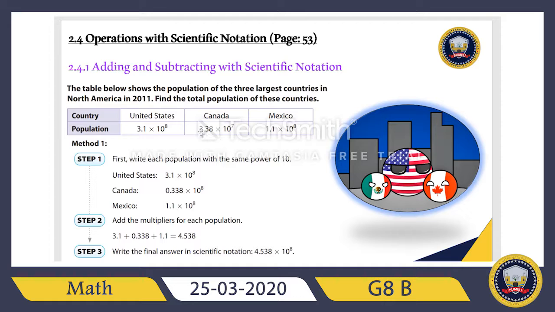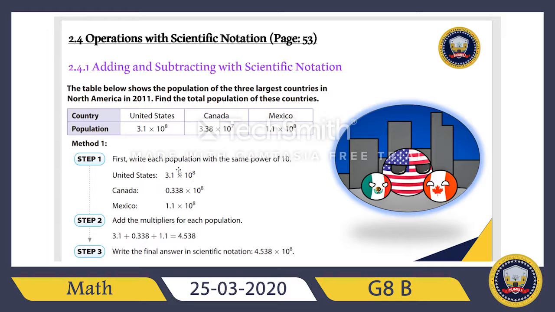If I want to increase the power to 8, I'm going to move the decimal point one place to the left, right? So for Canada, 3.38 times 10 to the power of 7 is equal to 0.338 times 10 to the power of 8. Moving the decimal point to the left because I need to add 1 to my power.